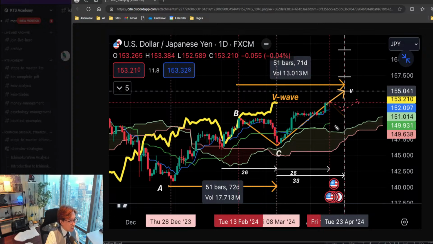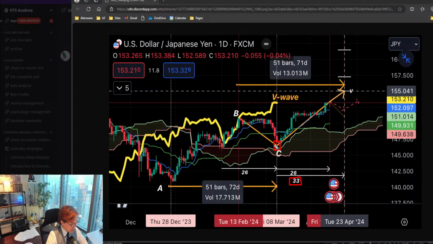So that's one. And also from the previous low, which was on the 8th of March, there's another important number which is 33. And 33 is one of what we call Kihon Suchi. Kihon Suchi is the series of numbers like 9, 17, 26, and 33 is one of them, which is one of the most important numbers in time cycles on Ichimoku.